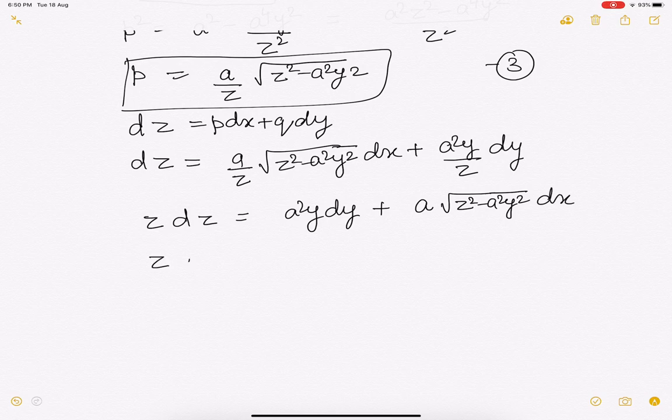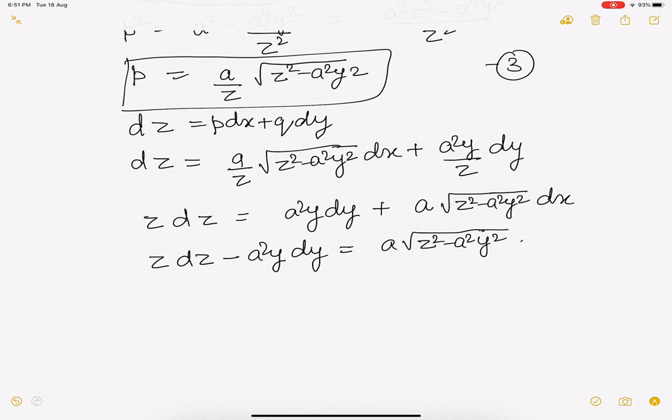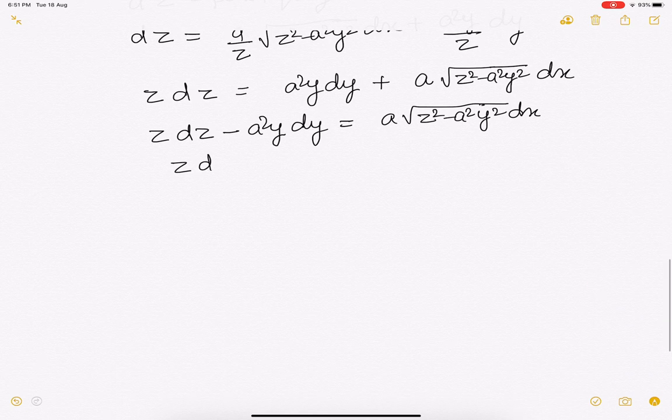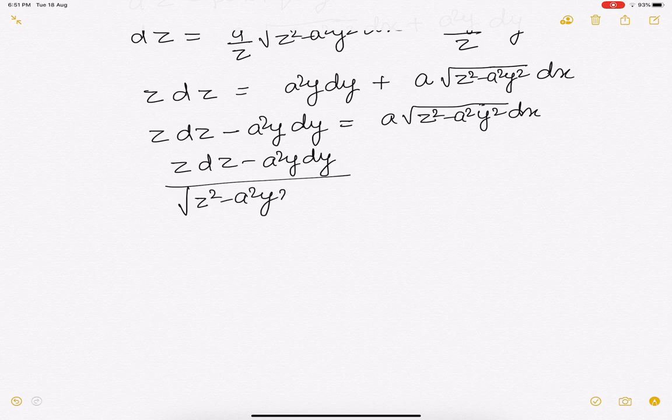So we have z dz minus a square y dy is equal to a root over z square minus a square y square dx. Now we have (z dz minus a square y dy) upon root over z square minus a square y square is equal to a dx.